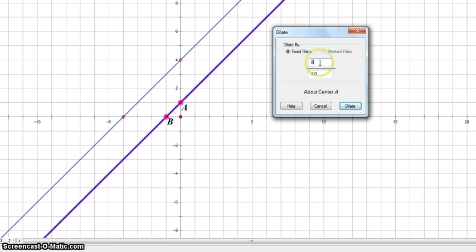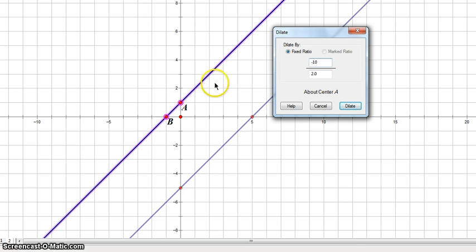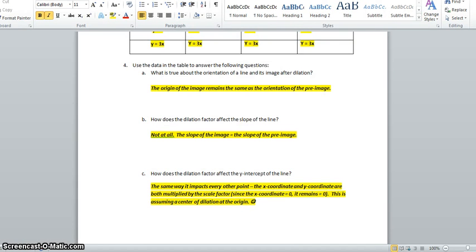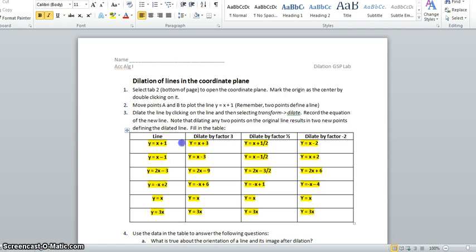If my scale factor is 4, my y-intercept goes from 1 to 4. If my scale factor is -5, my y-intercept goes from 1 to -5. So basically what you're going to see on all of this, and you can check your work as you go across, is that on any line, they're all going to have the same slope, and you will get the y-intercept by multiplying the original y-intercept by each of the scale factors.